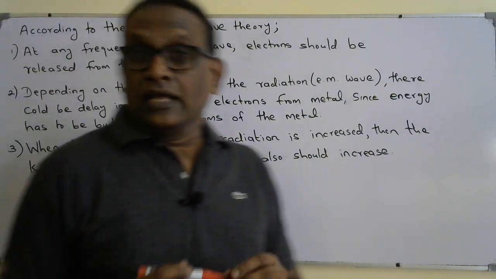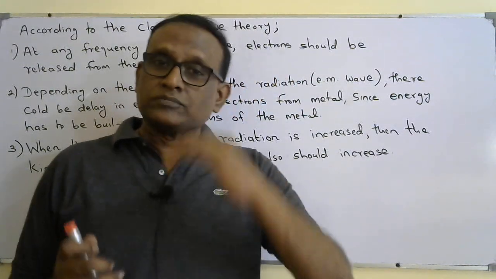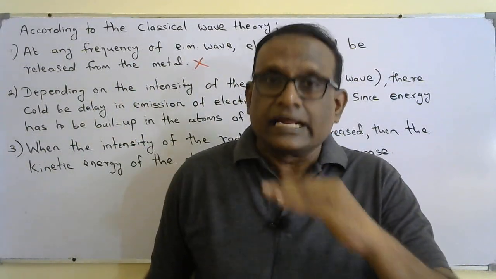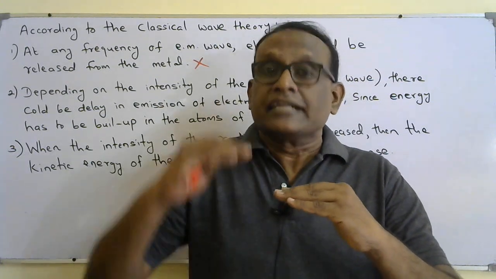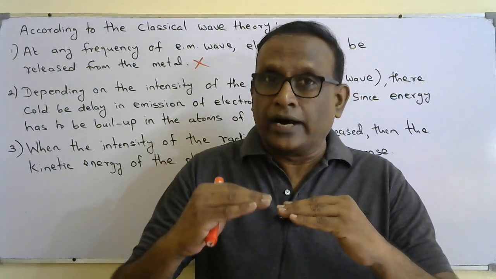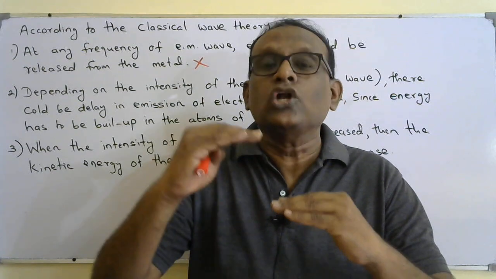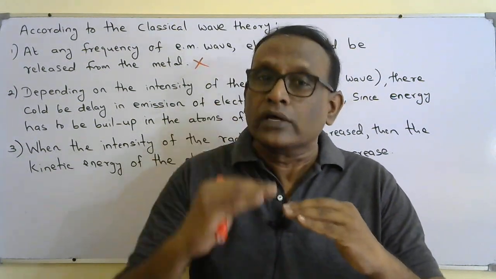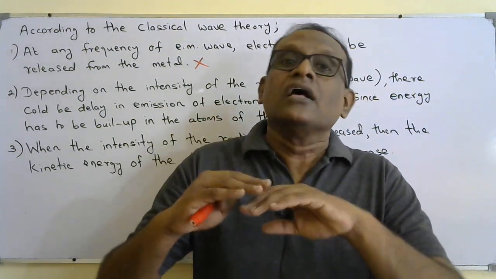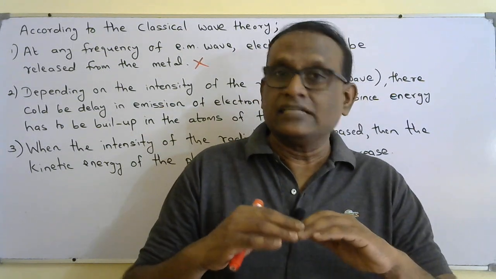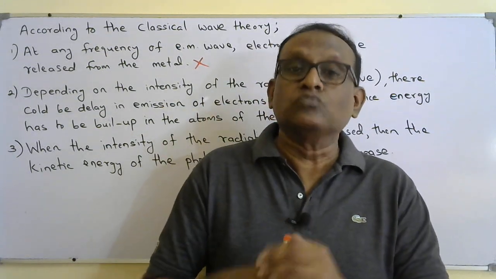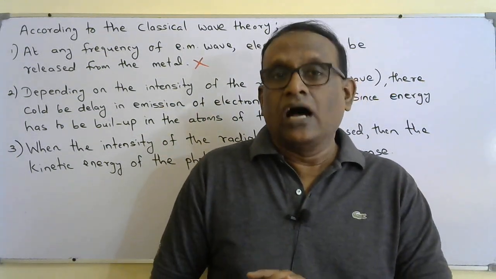what they found, experimentally they observed, is that for a particular type of metal, the frequency that is required has a specific lower limit. If the frequency is lower than a specific value, that particular electromagnetic radiation won't be able to release electrons.